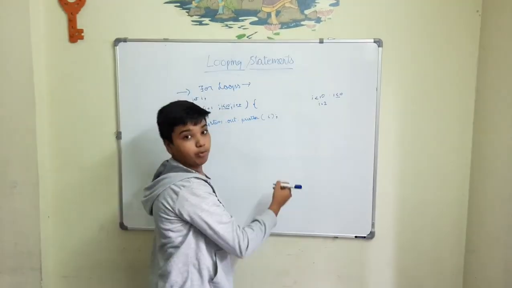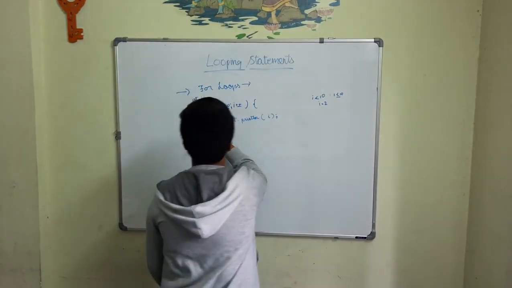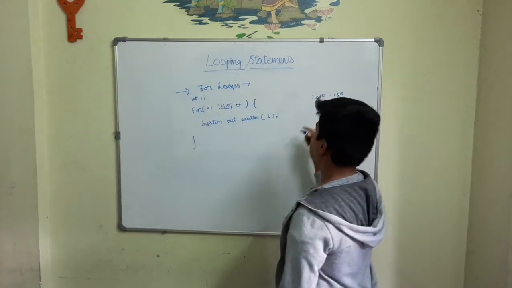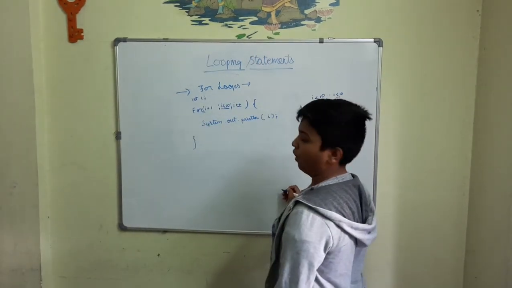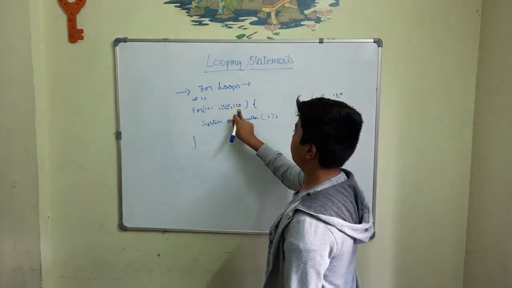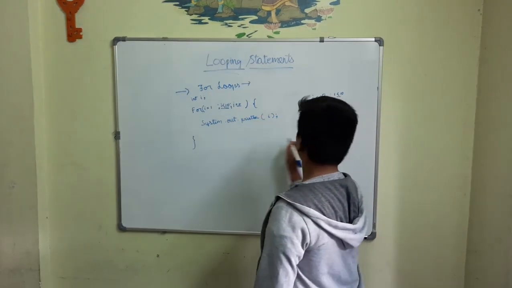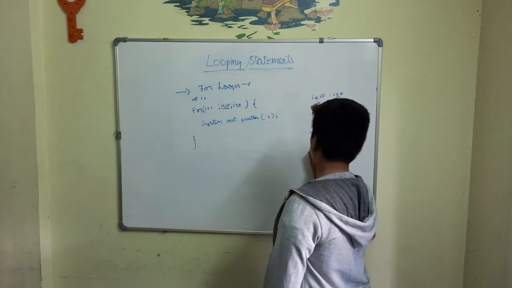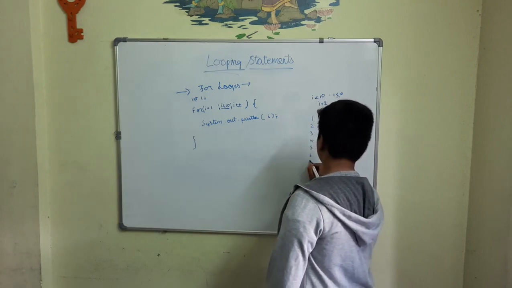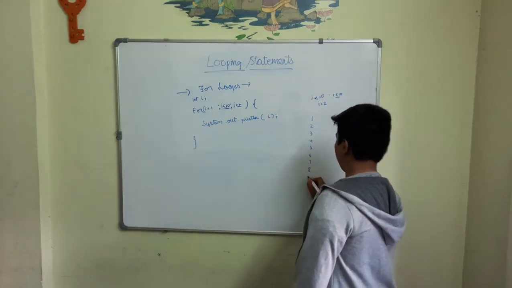So the output will be: first I value is 1, so it will iterate the first time and print 1. Next, I value will become 2 after incrementing. So I value will go on increasing: 3, 4, 5, 6, 7, 8, 9, 10.